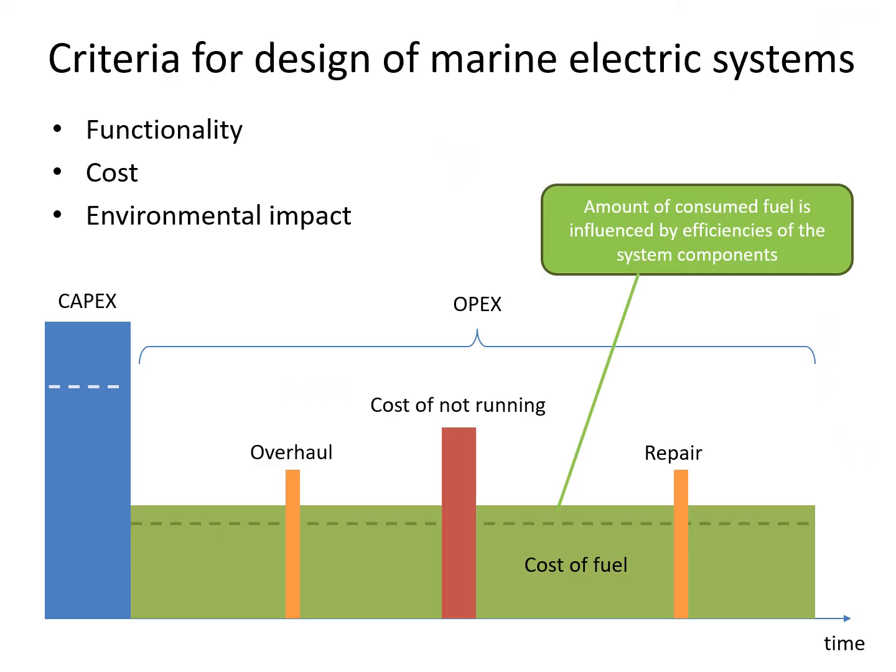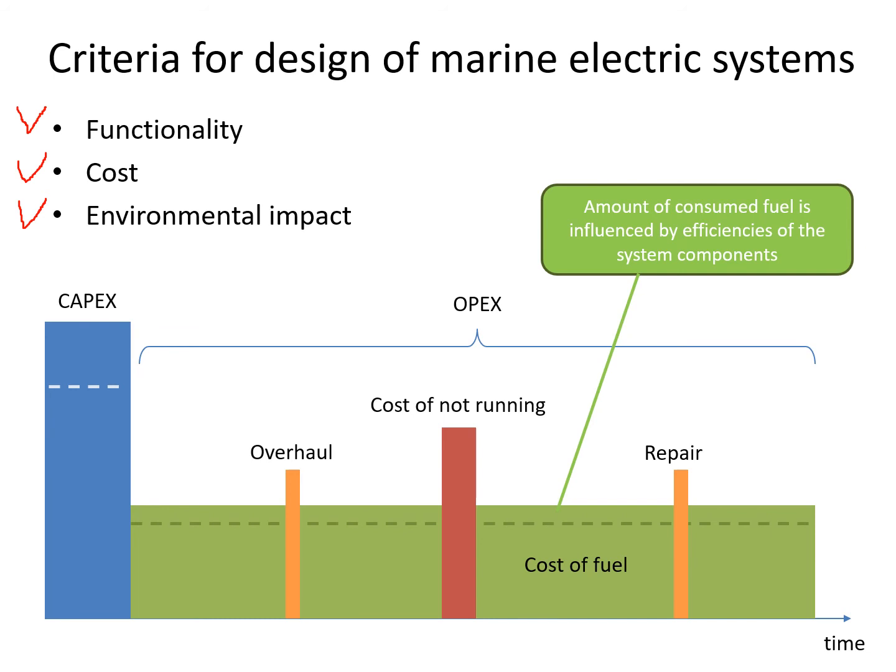We continue with the marine systems and the criteria for marine systems. The important criteria could be functionality of the system, for example just the propulsion system on board the vessel. It should just turn the propeller and provide the movement. Functionality is the first one, cost is the second one, and environmental impact is the third one.